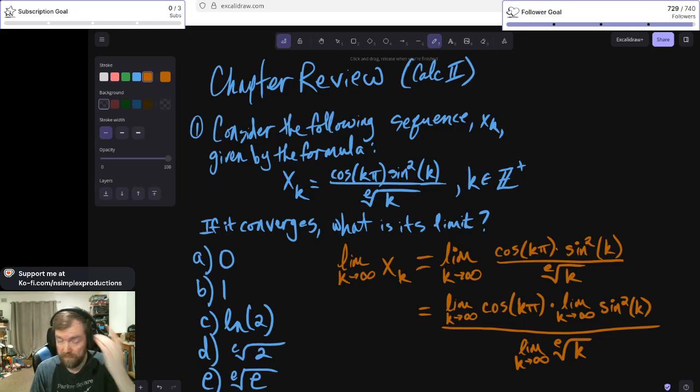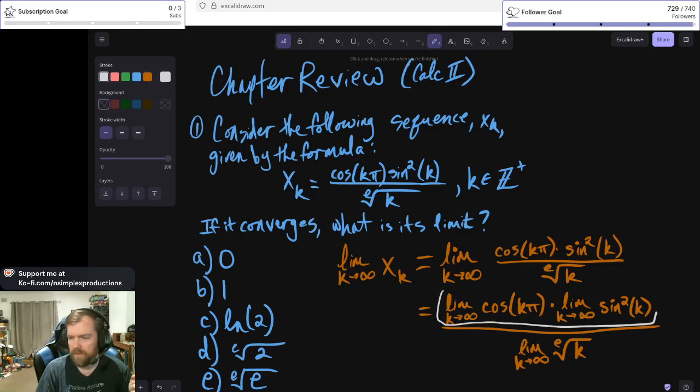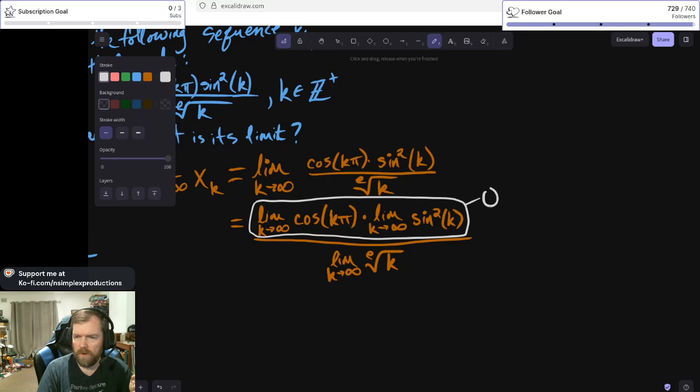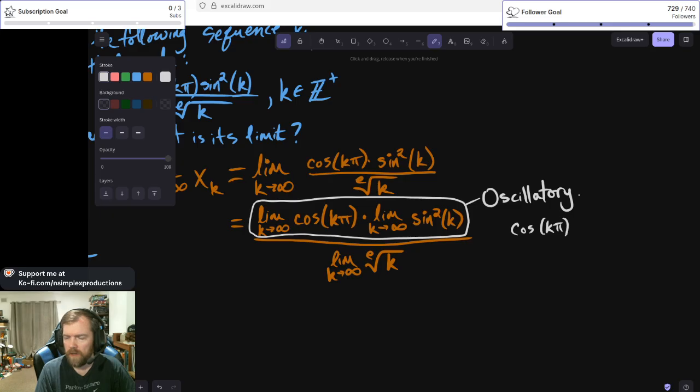Okay, now the top two bits are oscillatory. So the cosine of k pi will always be between -1 and +1.